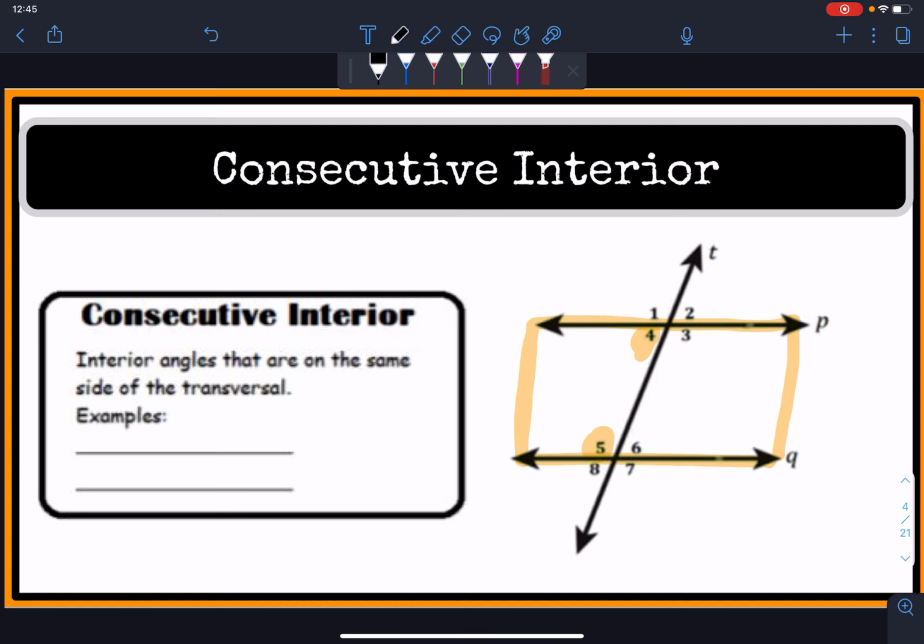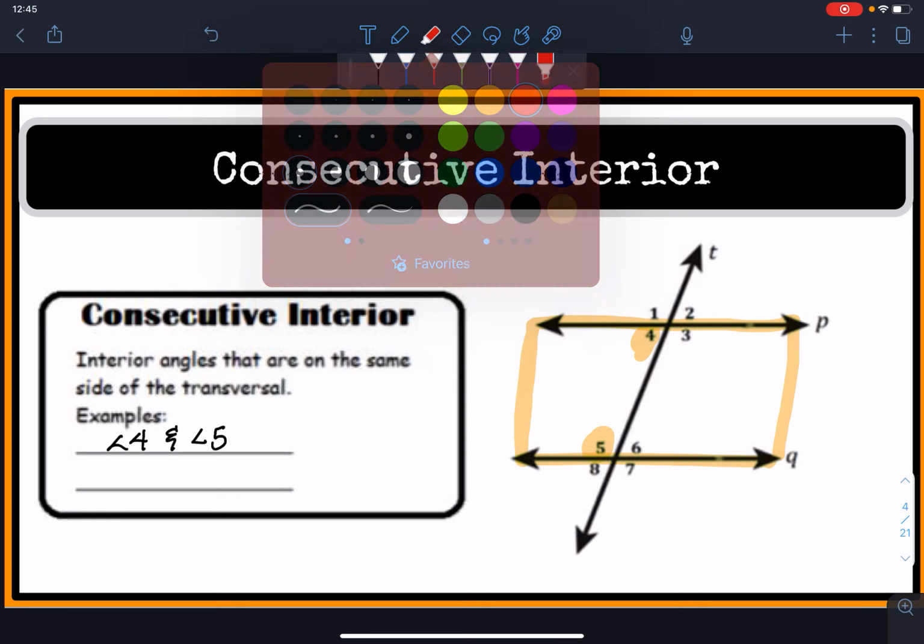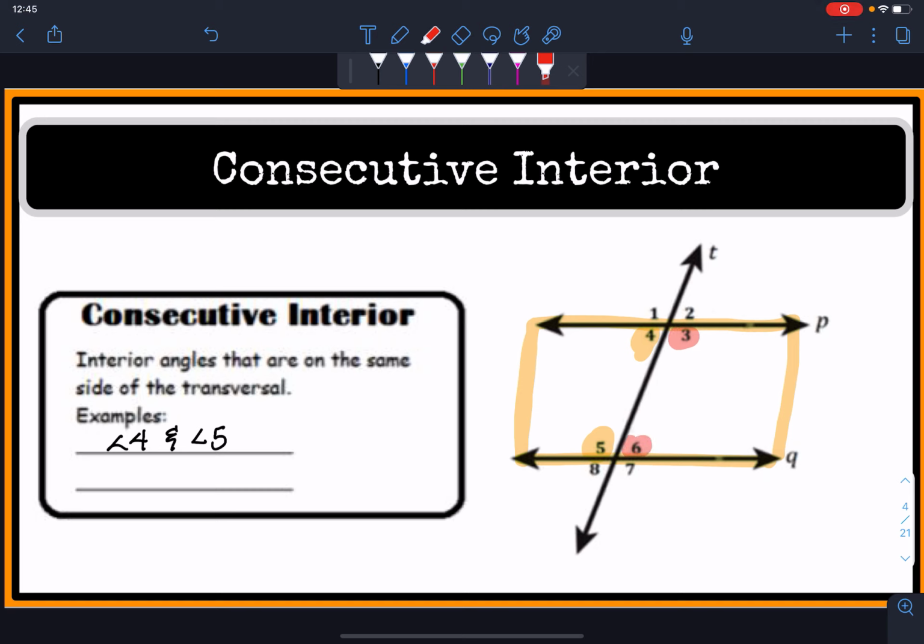So angle number 4 and angle number 5 are consecutive interior angles, just like angle number 3 and angle number 6. Those are also considered to be consecutive interior angles.